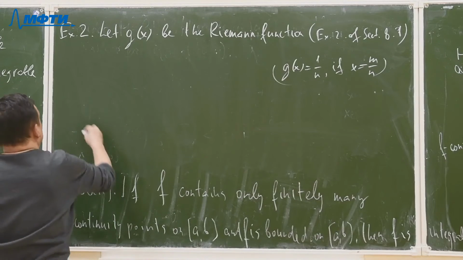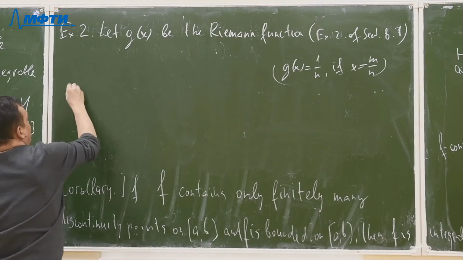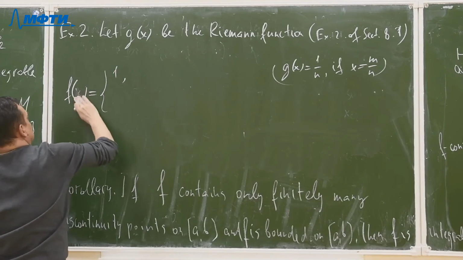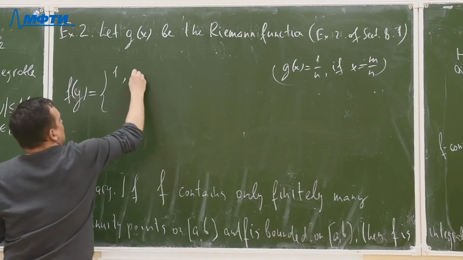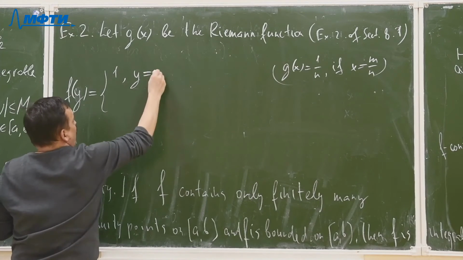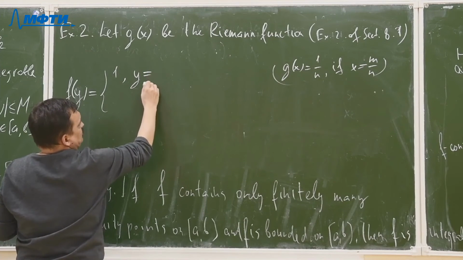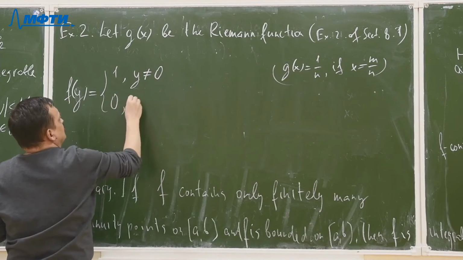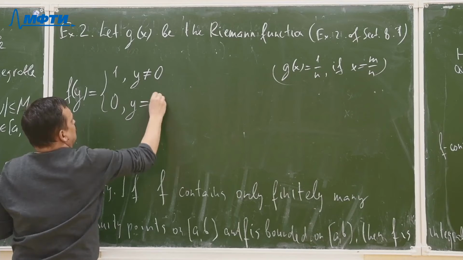Okay. Now let f of y equal 1 if y is not equal to 0, and 0 if y equals 0.